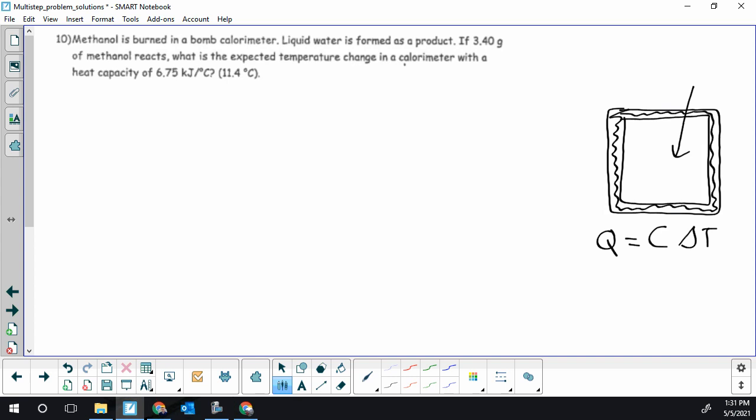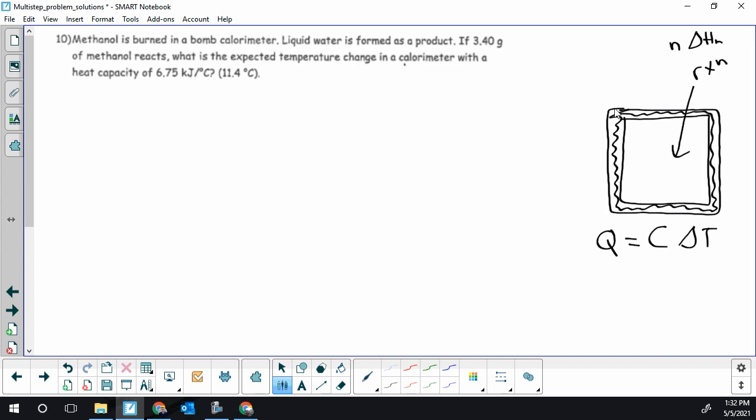So actually a simpler calculation than the mc delta T. Now the reaction is going to occur inside this calorimeter, and the energy from the reaction, same as before, is moles times a corresponding molar enthalpy. That will tell us the energy released by the chemicals. The Q, which is big C delta T, will tell us the energy absorbed by the surroundings.